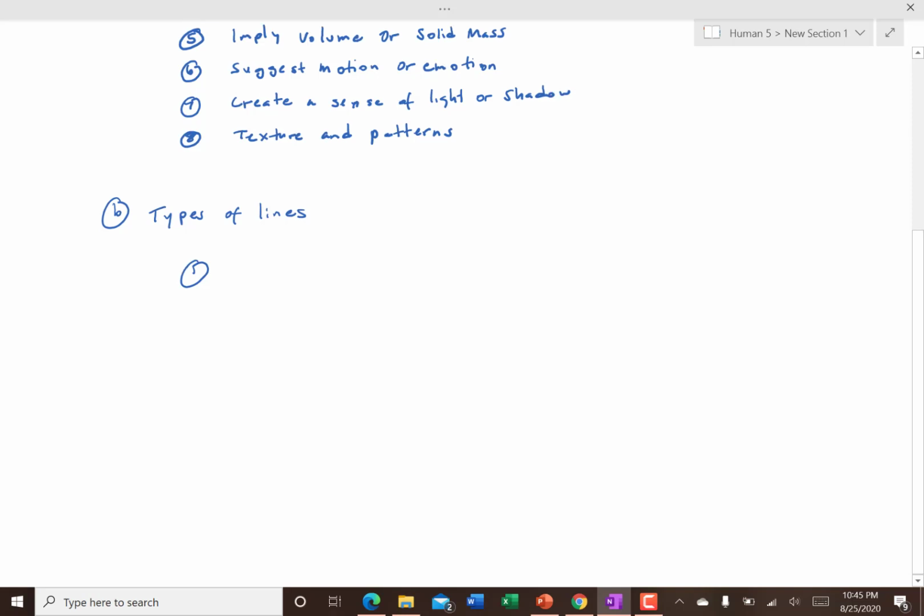Now, if we look at the math definition of a line, which is not what we're going to focus on for the most part, but I think it's an important place to start, because you have a mathematical definition of a line, and then you have the types of lines and the definitions for each of these in terms of art. And it is different.